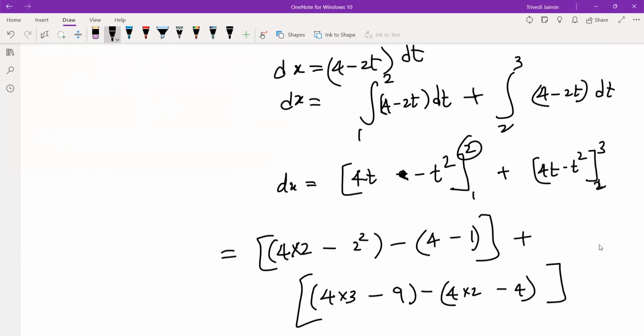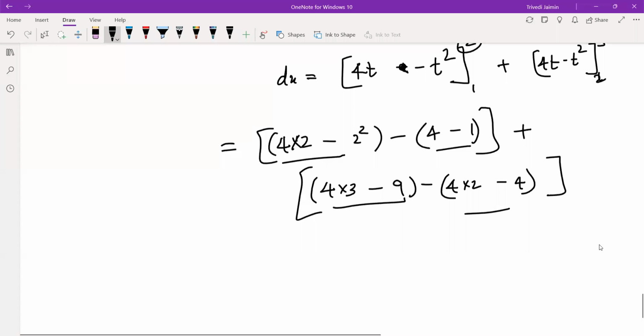Have you done substitution correct? Let's check. First term minus second term.